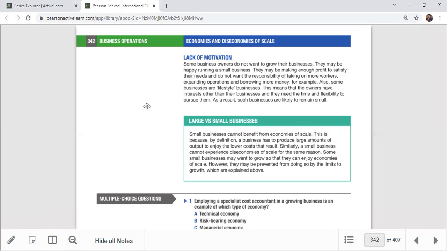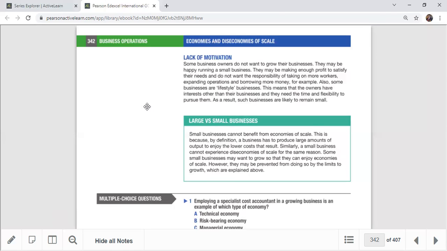The person with a small business has a small vision, but the person who built Zara, Amancio Ortega, has a large vision. The person with a small restaurant has a small vision and doesn't have the motivation to open another restaurant or a chain like McDonald's. So they have a smaller vision. That is another barrier to economies of scale and growth.